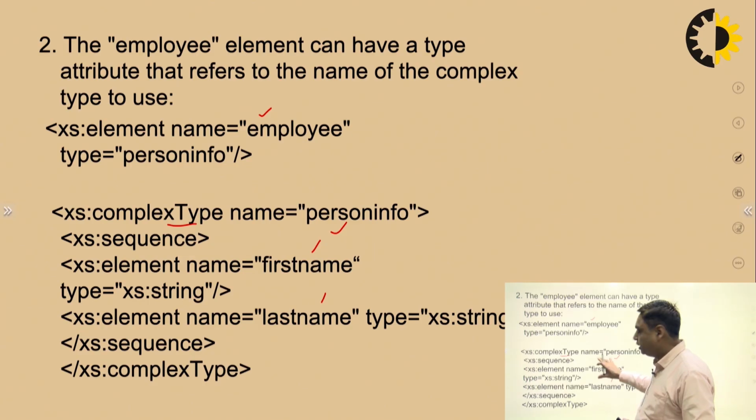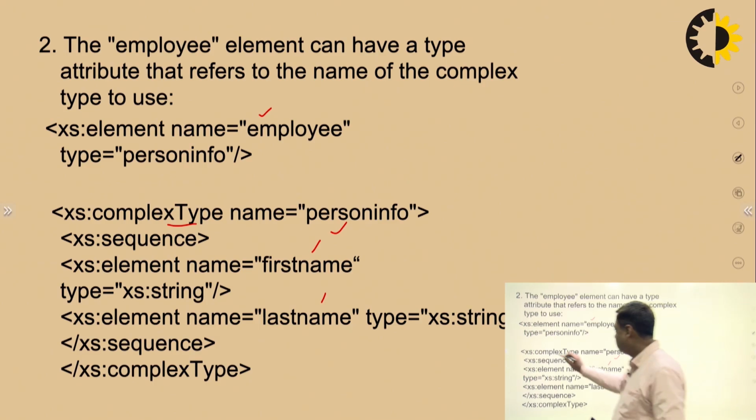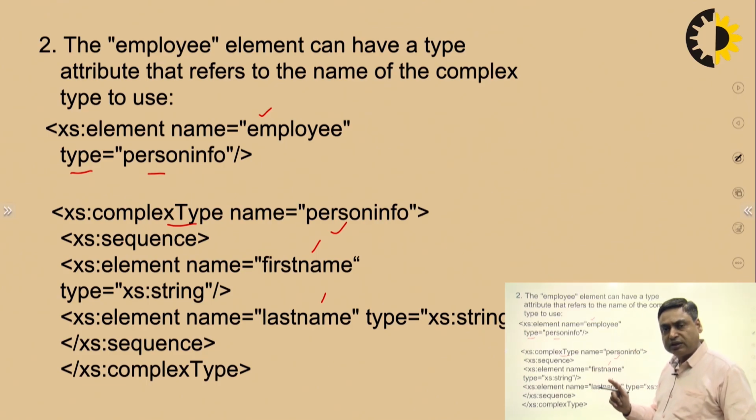So, I already defined a user defined type, a complex type, and name of this type is person info. So I just use type and the name person info. So this employee automatically consists of two elements, first name and last name.